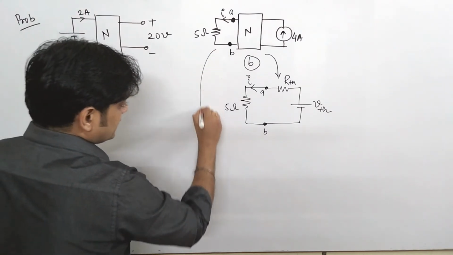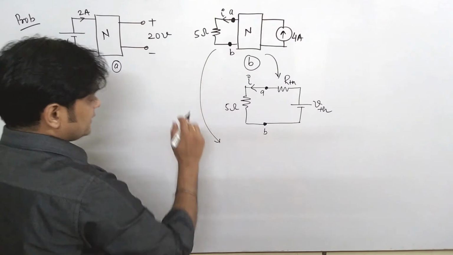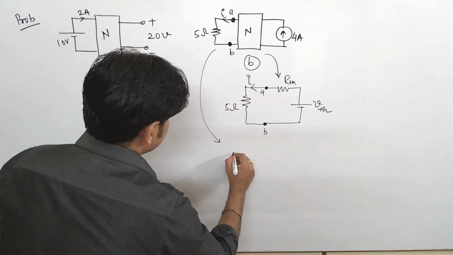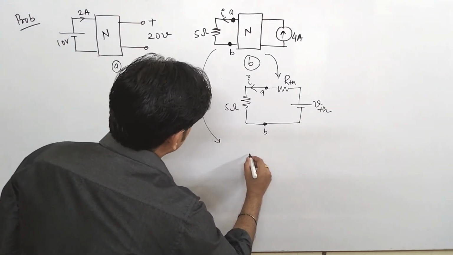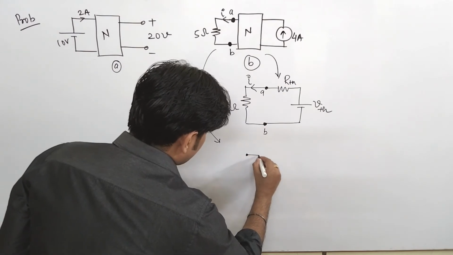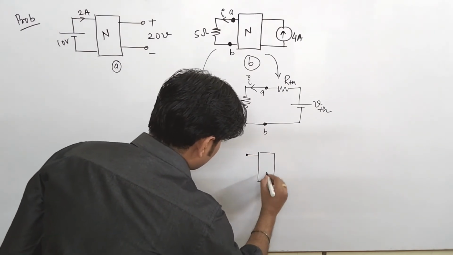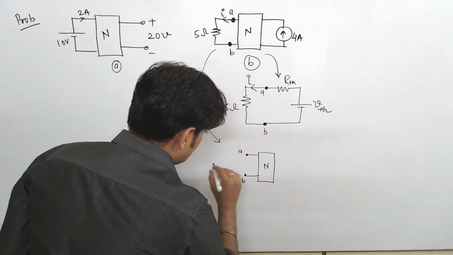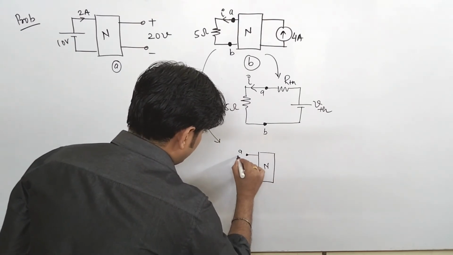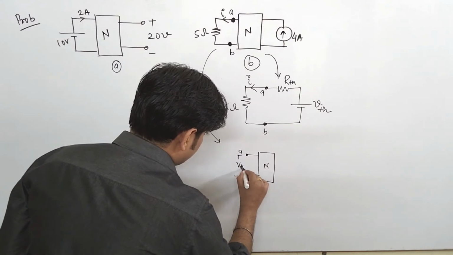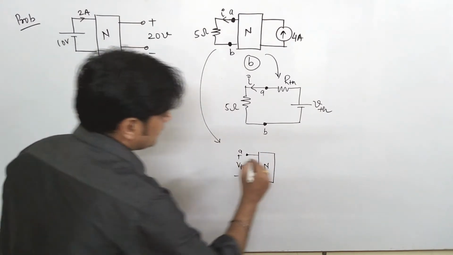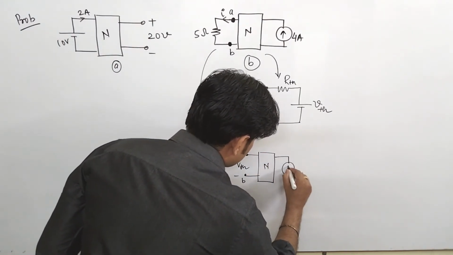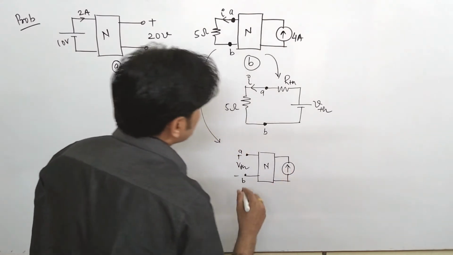So now this network is converted into two forms. In the first case we have to find VTH, and your current source remains as it is as per the condition.